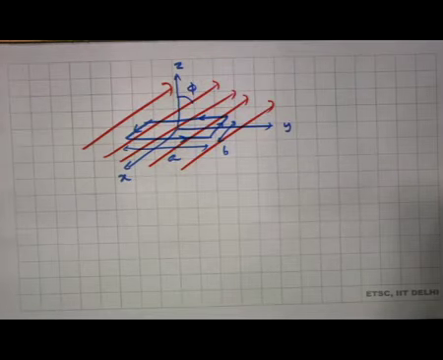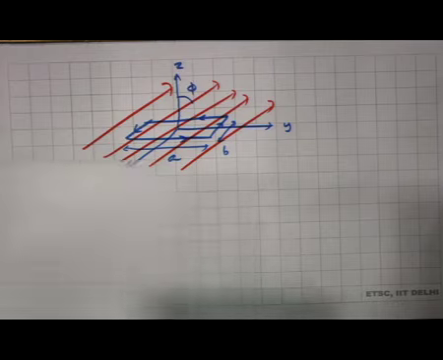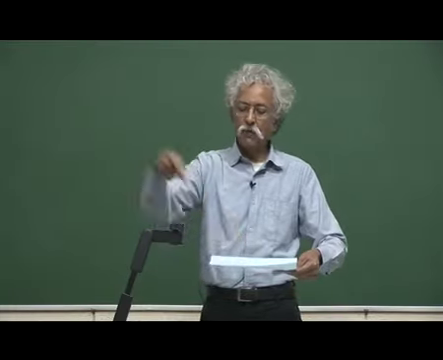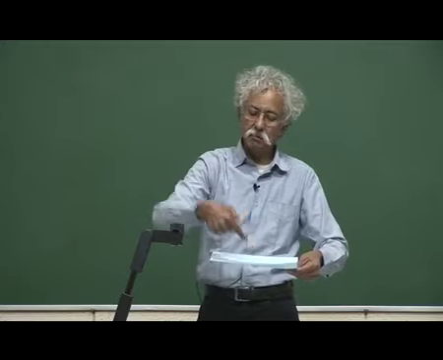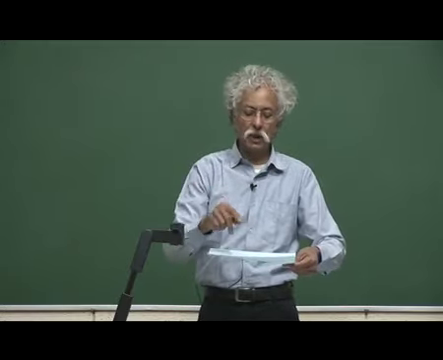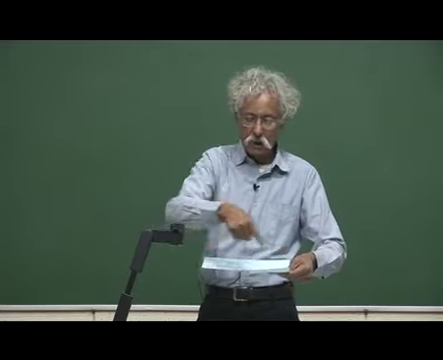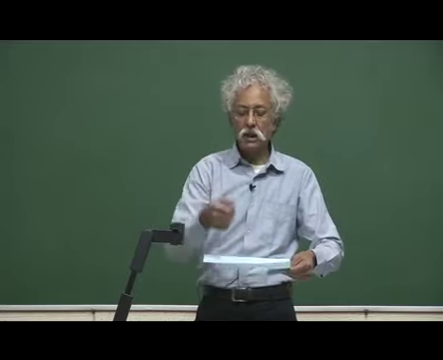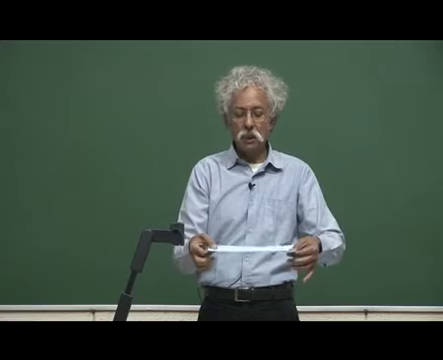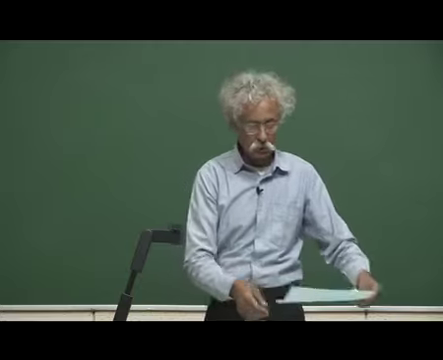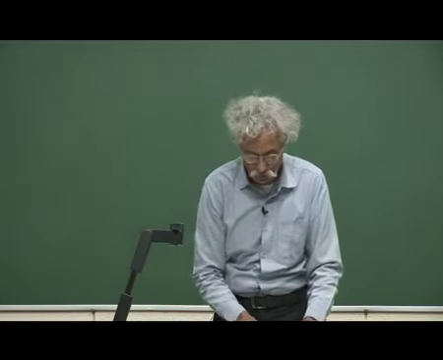So, this is a planar loop placed like this in the xy plane, and there is a magnetic field pointing in some direction like this, making an angle phi with the vertical. So, the current carrying conductor is a rectangular loop like this, and the magnetic field is not necessarily perpendicular or parallel to this plane, it makes an angle phi with the normal to this plane and lies in the yz plane.